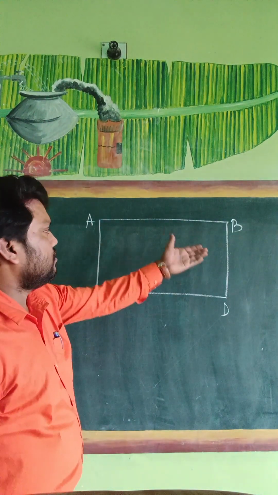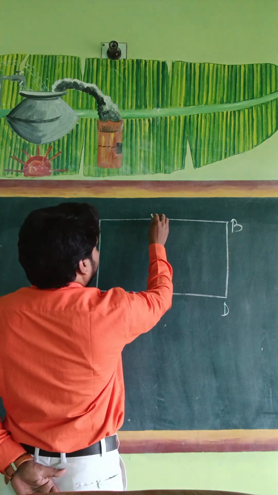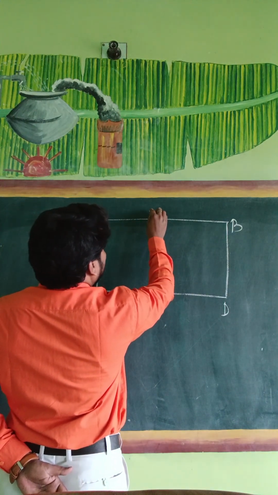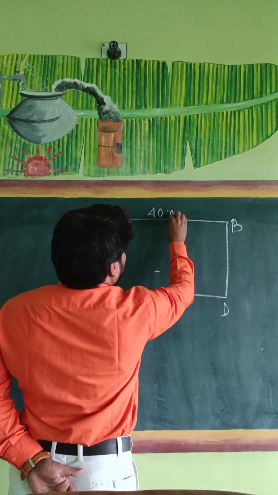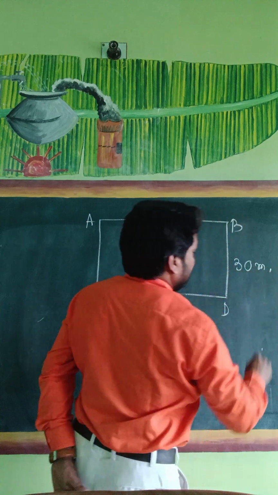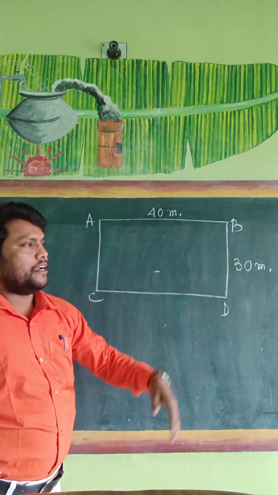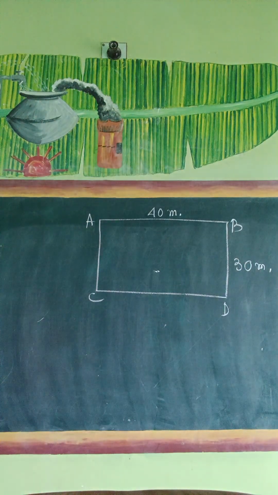So this is a rectangular field. Suppose its length is 40 meter and its breadth is 30 meter.